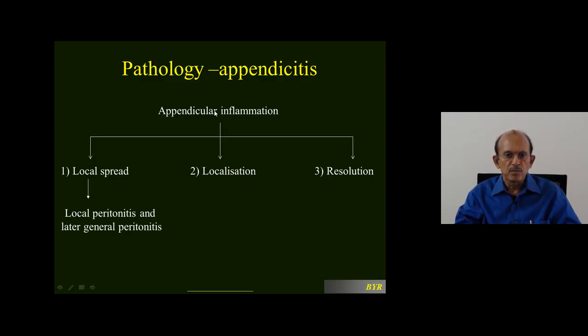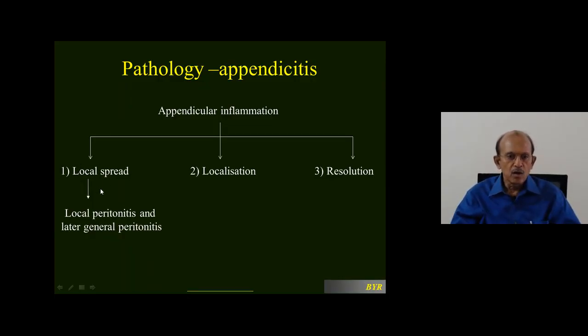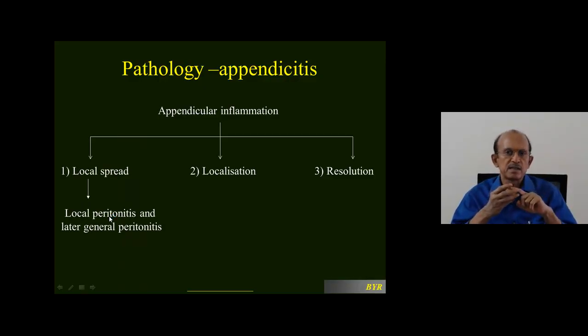The appendicular inflammation can spread locally. Local spread leads to local peritonitis, which means the local parietal peritoneum will be inflamed. Whenever the appendix is inflamed, that causes inflammatory exudates. These inflammatory exudates will collect in the right iliac fossa and cause localized peritonitis. If it is not treated, this localized peritonitis will spread to the rest of the peritoneal cavity, producing generalized peritonitis.